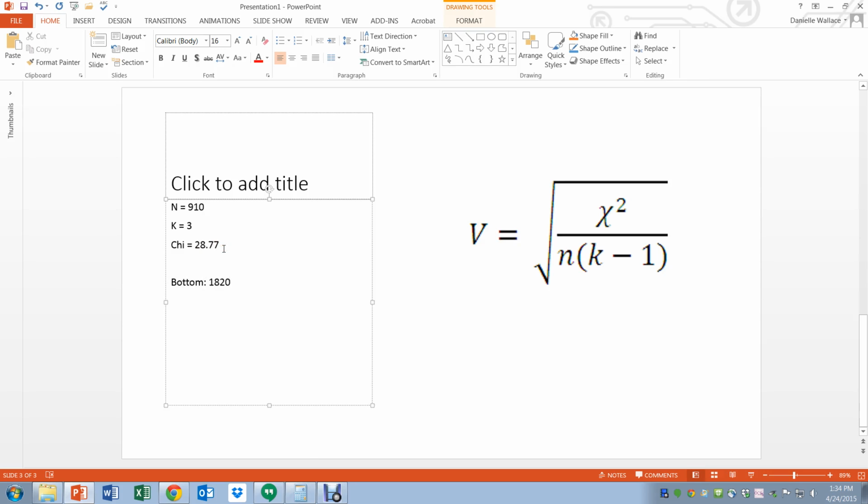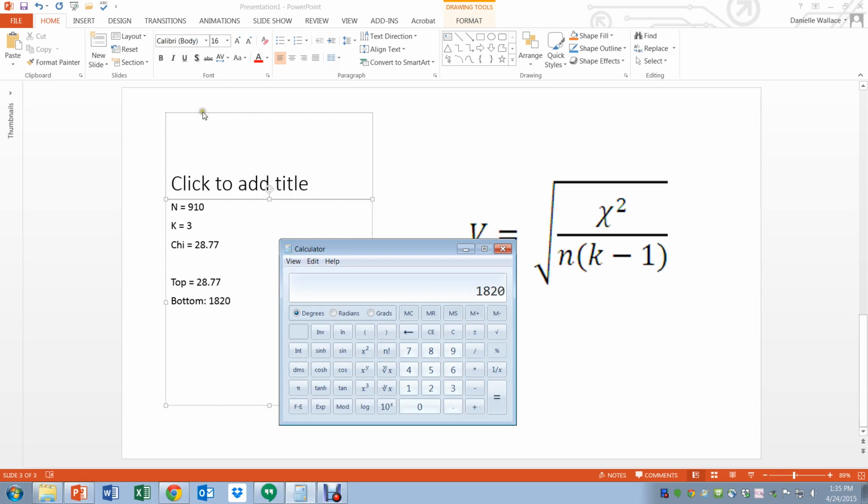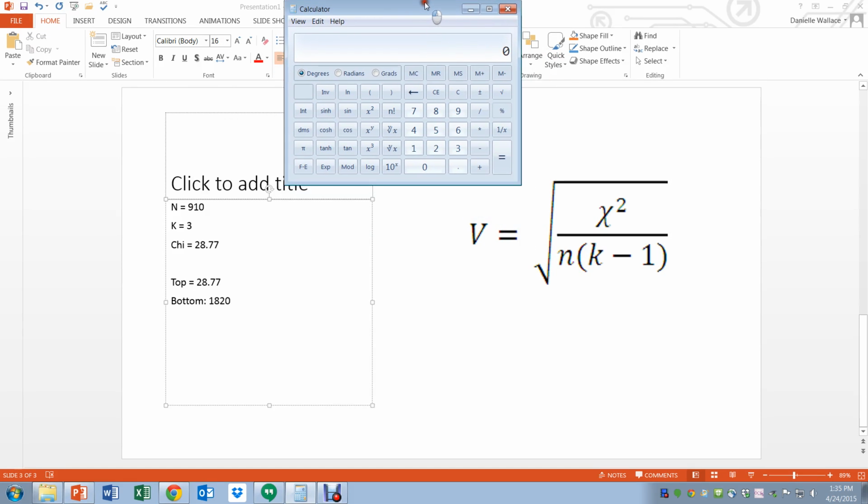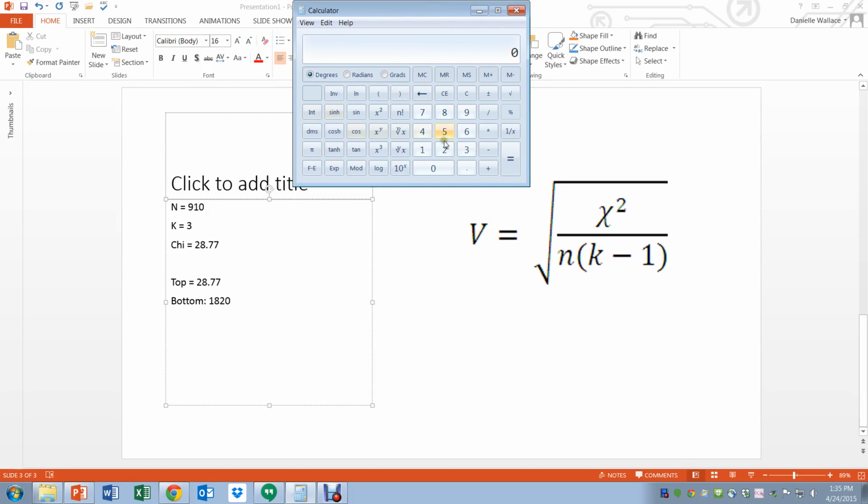And then the top is going to be 28.77. It's not like it's a huge equation, but just in case, you never know what you're going to forget. So the next step is to divide the two: 28.77 divided by 1820 is equal to that. And then you take the square root of it.